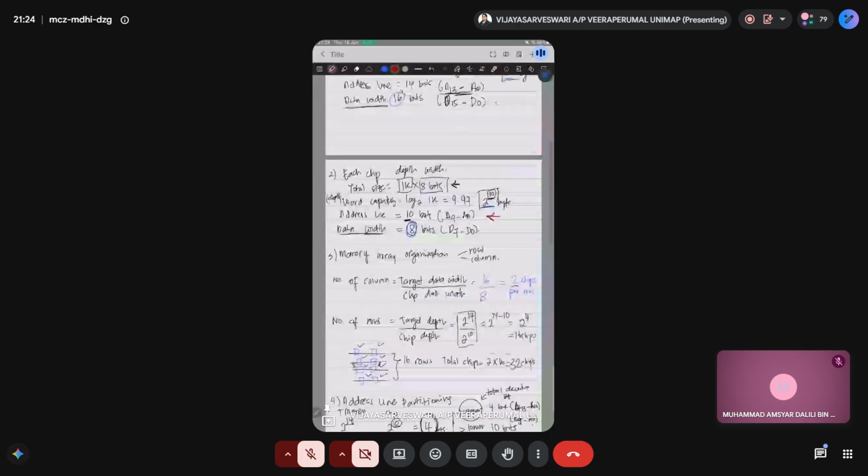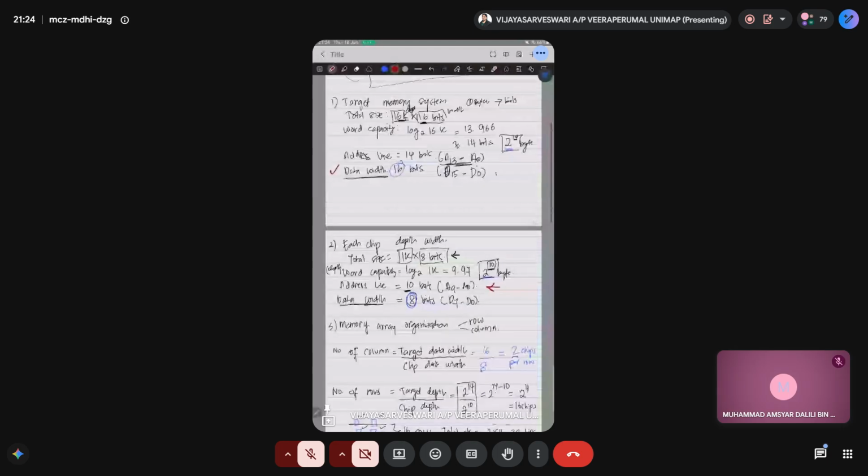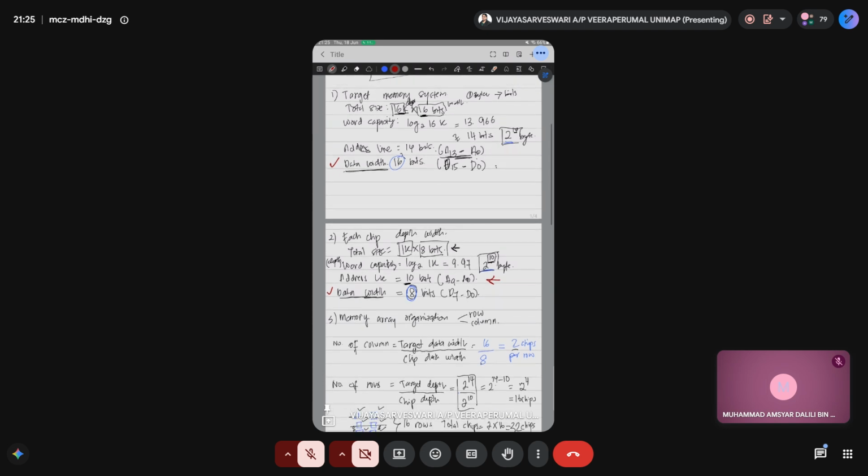Okay, the last part that you have to do is the data width. Kalau you tengok dekat sini data width. We have D15 to D0. Okay.